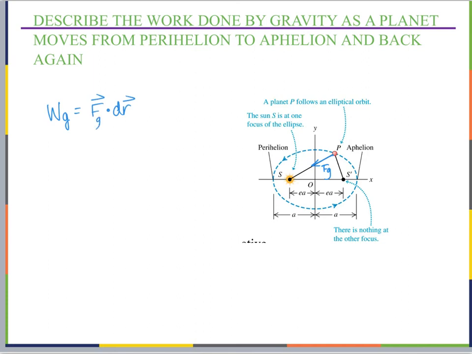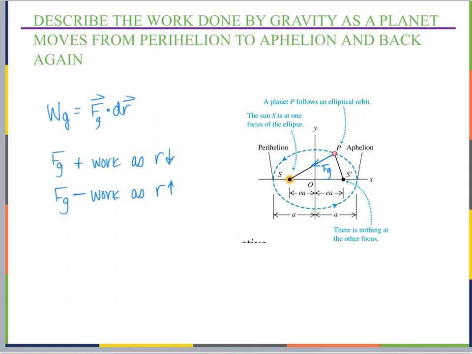The force of gravity will do positive work as the radius decreases, simply because the force of gravity is in the same direction as the displacement, which is towards the sun. And if you are getting further from the sun, you do negative work, and that would be as your radius is increasing.